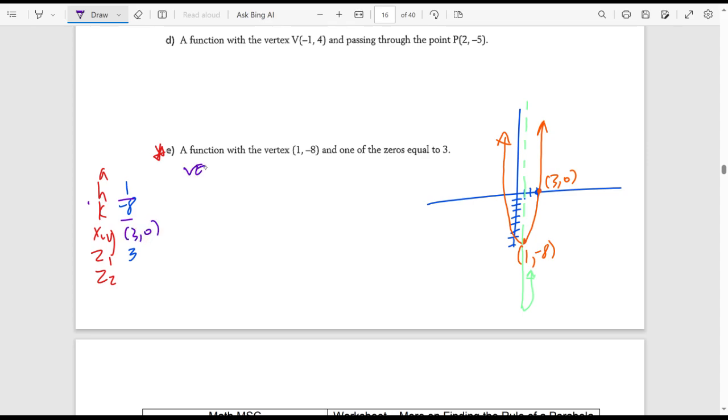There's nothing saying I can't use that in vertex form, where 0 is my y, a is unknown, x is 3, the h is -1. When I put it into the formula, I'll say 3 minus 1, squared, minus 8. And then I can solve for it this way, right?